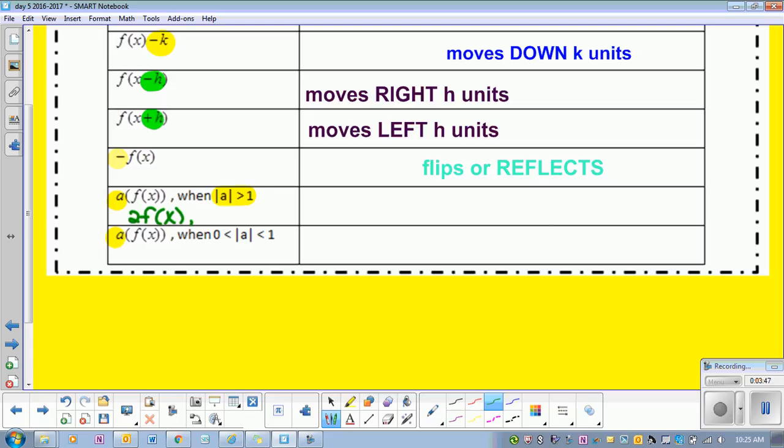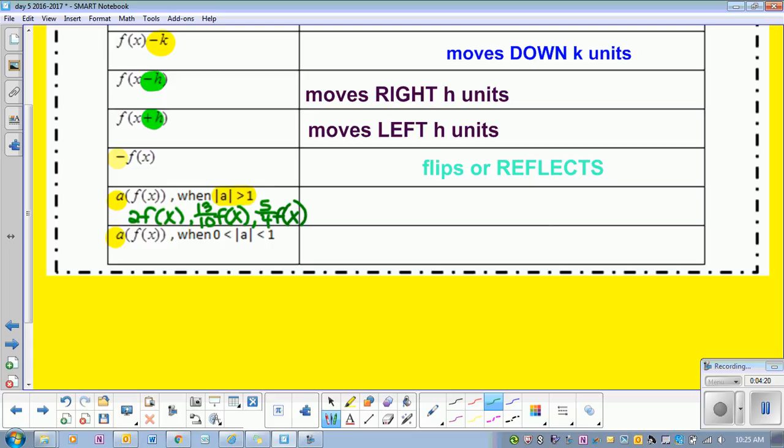Give me a fraction that's bigger than 1. 13 tenths, 5 over 4. So you could say 13 tenths f of x, or 5 over 4 f of x. Don't let those fractions make you think that it's less than 1. Sometimes they'll write a fraction that is bigger than 1.